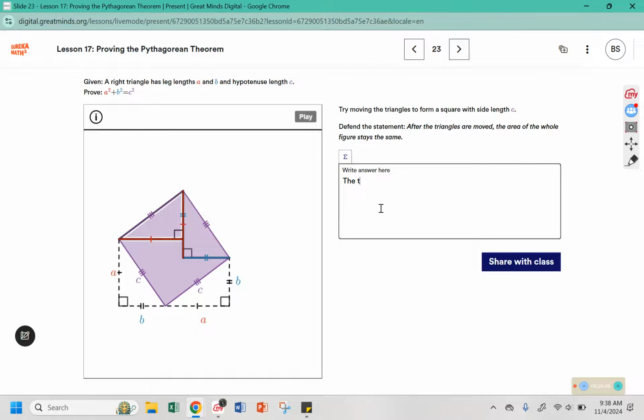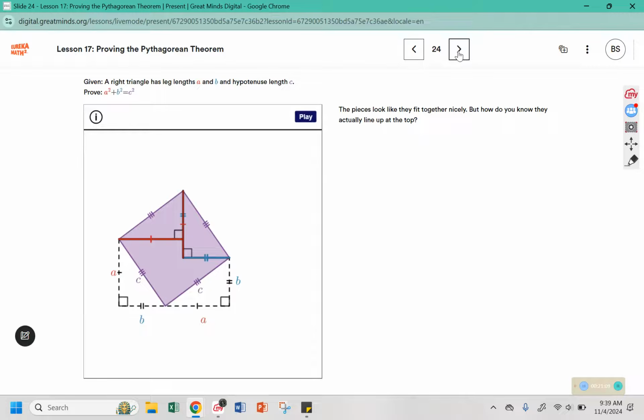The triangles did not change in size. They were just translated, which maintains or keeps its area. Rigid motions do not change the size of things.